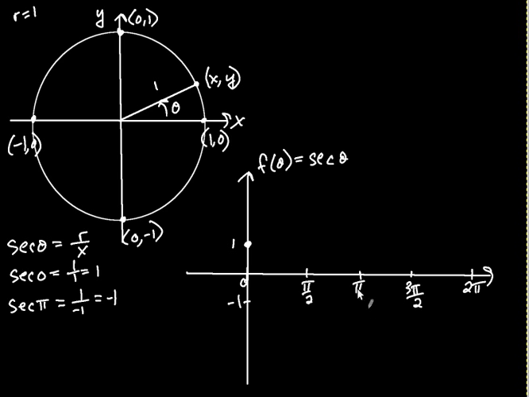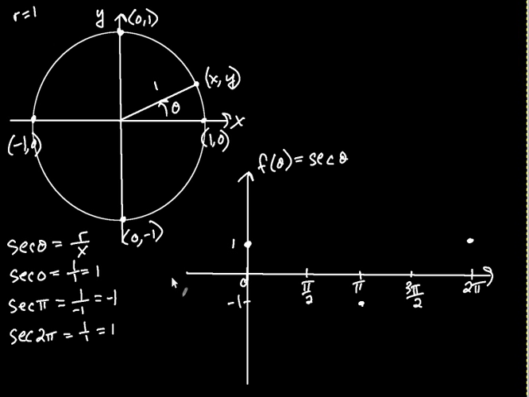So when the angle is pi, I get negative 1. Okay, and then finally, one more angle that's convenient. When the angle is 2 pi, that is when you go all the way around. Secant of 2 pi, and of course, x is 1 again, so it's 1 over 1, and you get 1. So secant of 2 pi is 1 again.